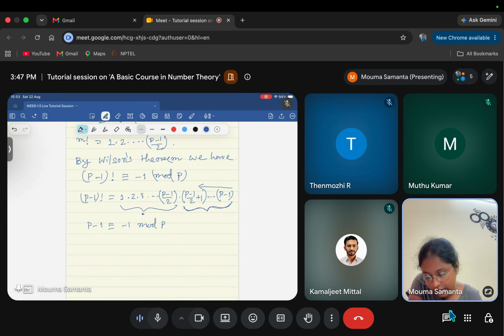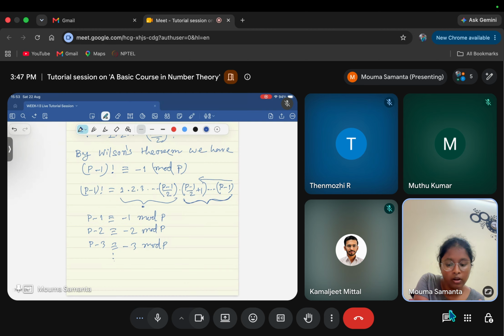Then take p minus 2, this is congruent to minus 2 mod p. In this way, if you take p minus 3 also, you will get minus 3 mod p. In the similar way, we will go up to (p minus 1)/2 plus 1, up to this term.